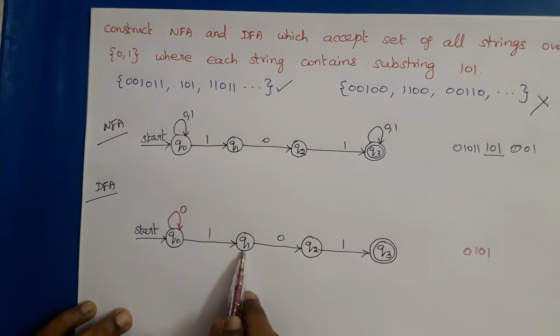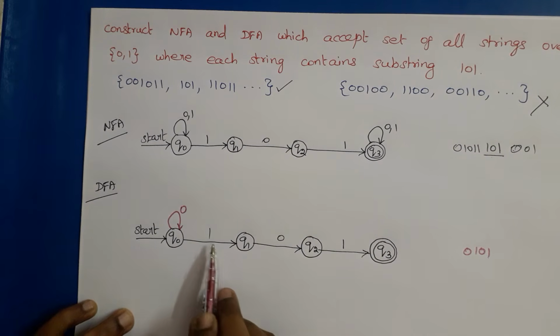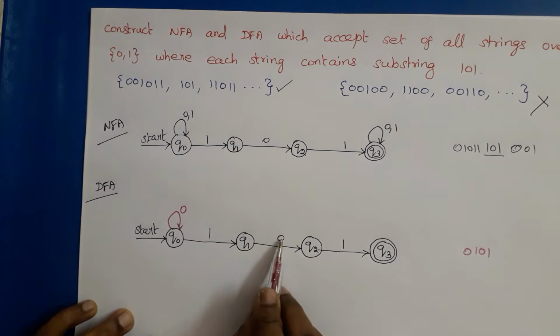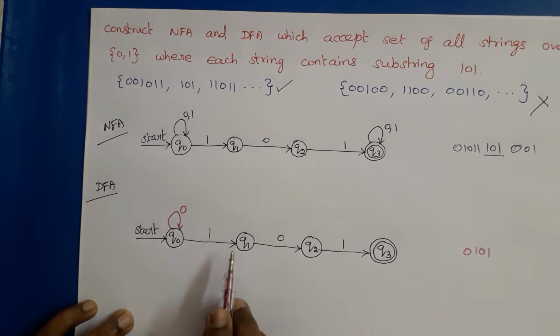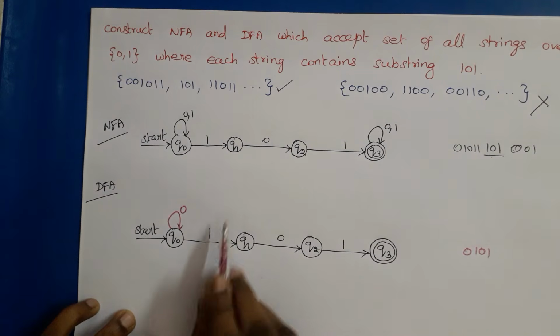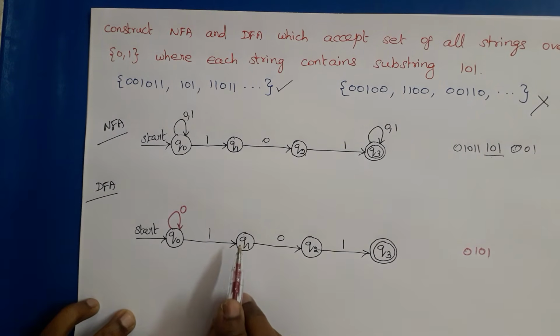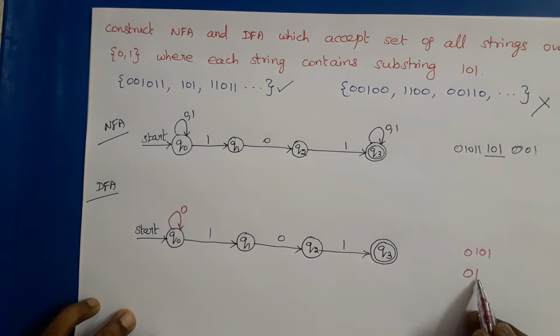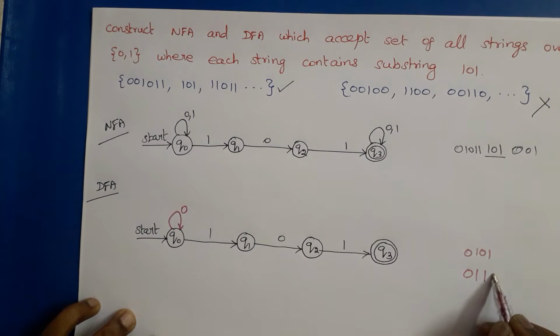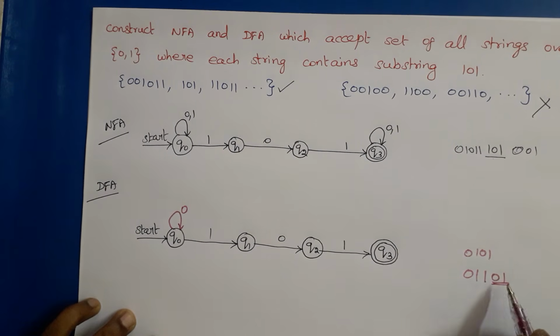Then in Q1, we will be in state Q1 after recognizing 1. If after recognizing 1 we see 0, then we can go to Q2. But if after recognizing 1 we see another 1, it means one more 1 is coming, and we still need 01, because 101 is the substring.